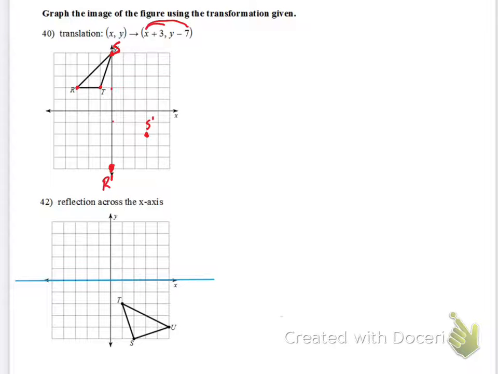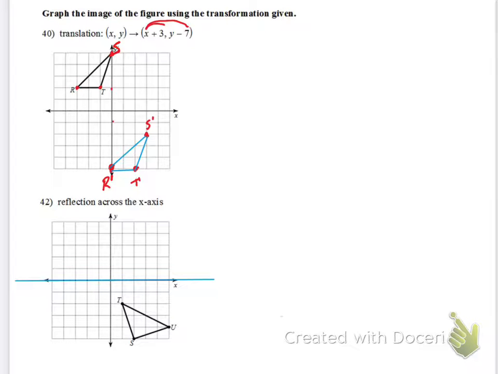Then same thing with t. 1, 2, 3, and then down 7 is going to be here. And that's going to be t prime. Then just connect the dots. And that's your new triangle. That's your transformation. So it just gets moved.